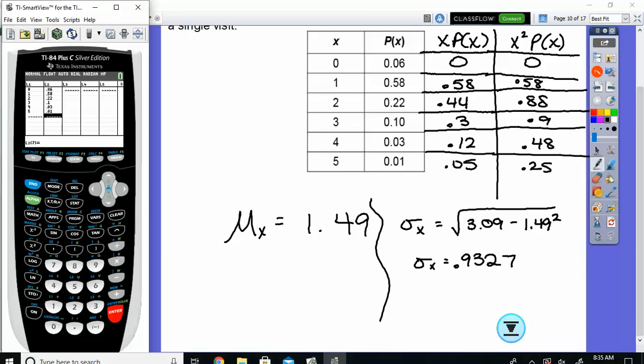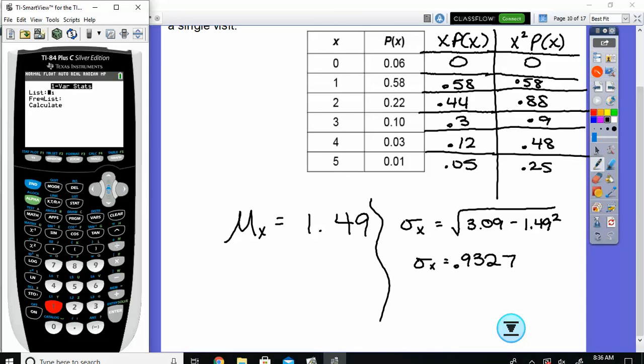Now what we're going to do is go into our calculate. So if we go to stat, calculate, we still want to do one variable statistics because this is not like an x and a y.